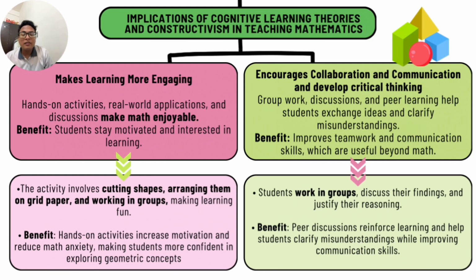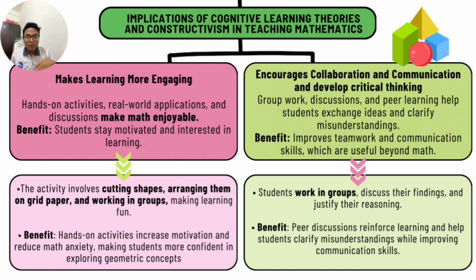And the fourth one is encouraging collaboration and communication and developing critical thinking. This is an important part of teaching mathematics. Group work, discussion and peer learning help students exchange ideas and clarify misunderstandings. So the benefit is improved teamwork and communication skills, which are useful beyond math.